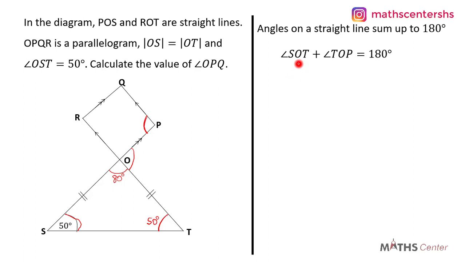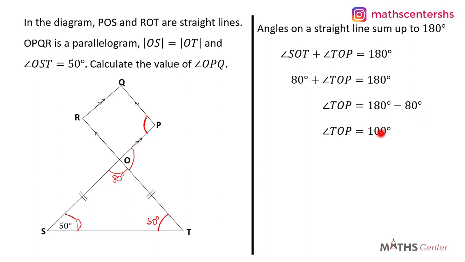We have found angle SOT to be 80 degrees, so we will have 80 degrees plus angle TOP to be 180 degrees. Angle TOP will be equal to 180 degrees minus 80 degrees, and this will give us 100 degrees. So the value of angle TOP is 100 degrees.